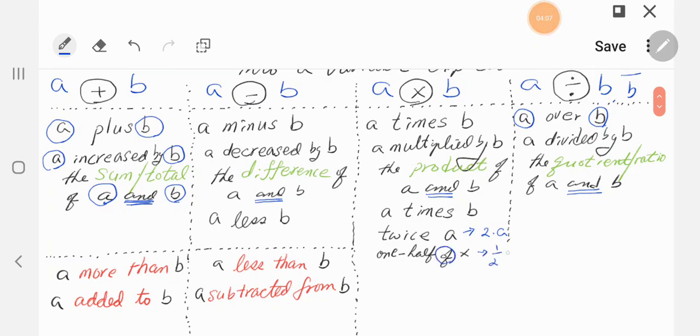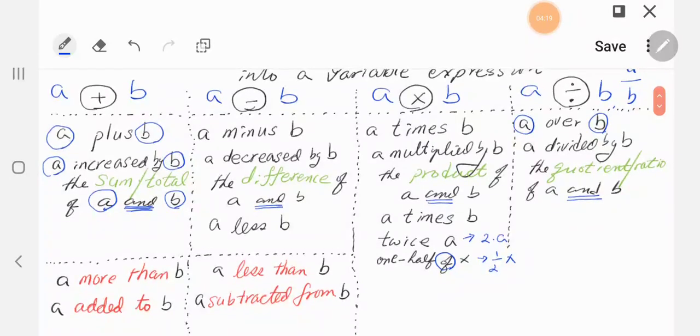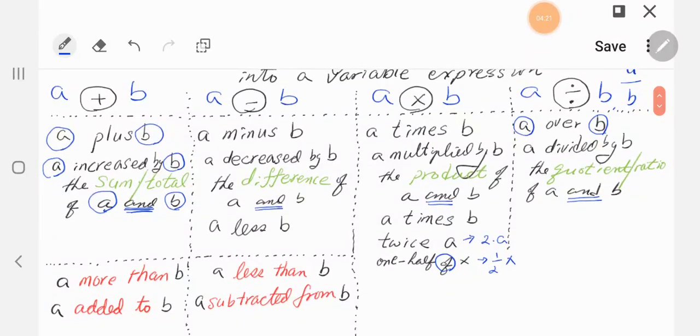So 1/2 times x. 20% of x means what? 20% times x, right? So "of" means multiplication. So for these four operators, plus, minus, multiplication, division, always the first number comes first: a plus b, a minus b, a times b, a divided by b.